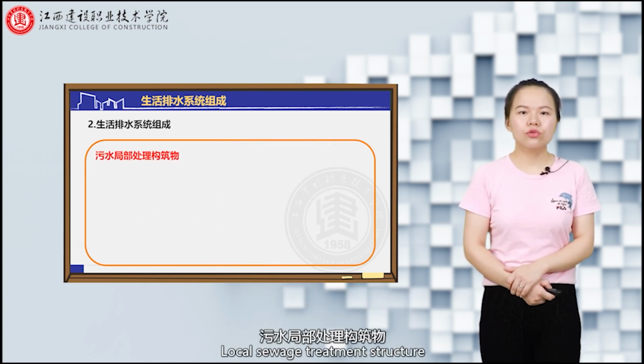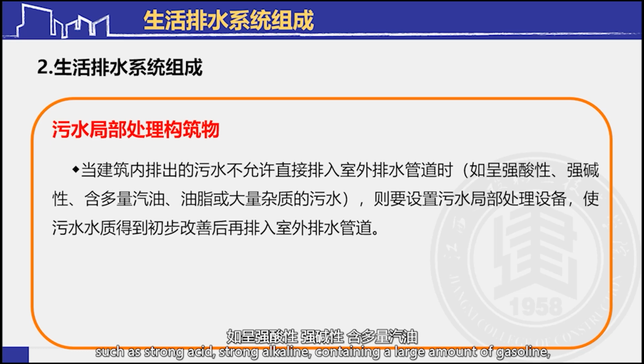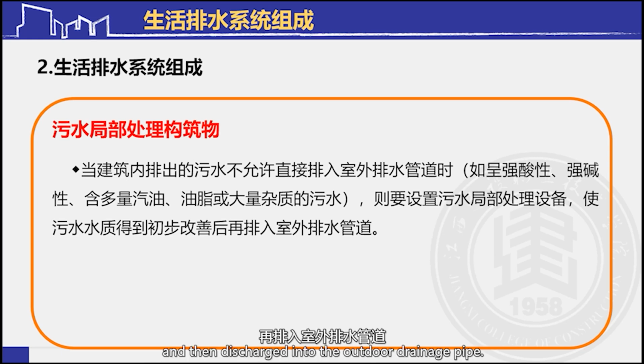Local sewage treatment structure. When the sewage discharged from the building is not allowed to be directly discharged into the outdoor drainage pipe, such as sewage with strong acid, strong alkali, a large amount of gasoline, grease, or a large number of impurities, it is necessary to set up local sewage treatment equipment so that the water quality of the sewage is initially improved and then discharged into the outdoor drainage pipe.